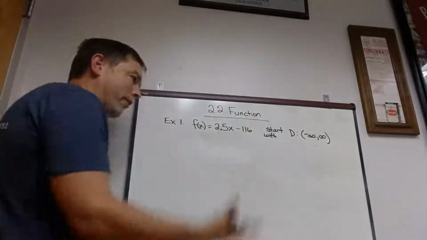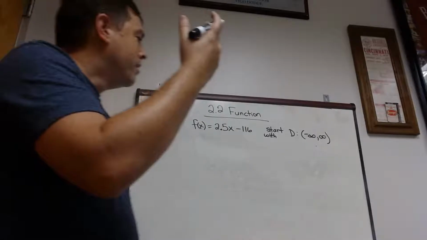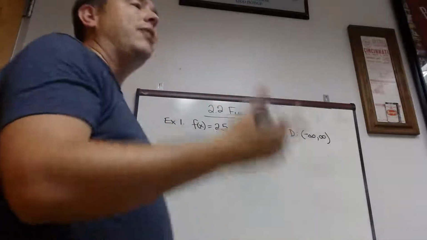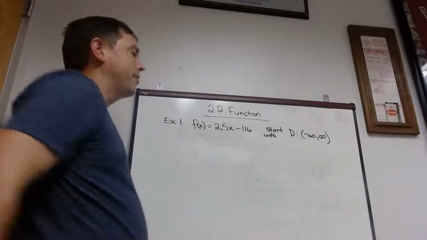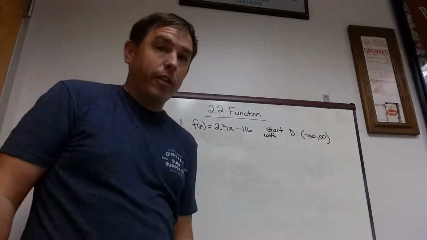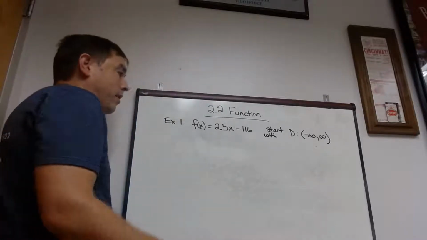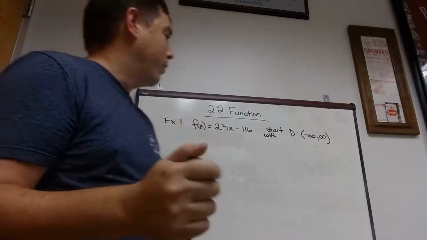Then we start removing, right? The first removal component is to say, all right, do we have any denominators here? Is there any way we can end up dividing by 0? No, not in this case. There is absolutely no way we can divide by 0 because we're not doing any division whatsoever here. The next component, is there any way we can end up taking the square root of a negative number?